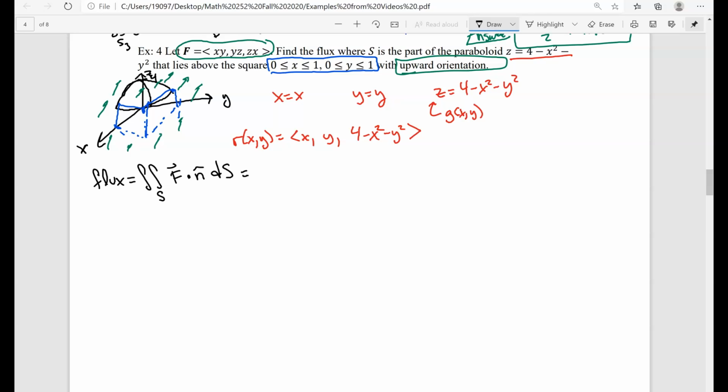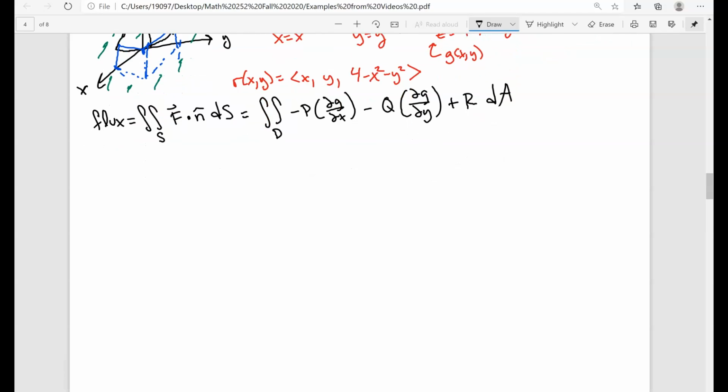Luckily, whenever we have a basic parametrization like this, all we have to do is take the double integral over the region D of negative P times partial g over partial x, minus Q times partial g over partial y, plus R, dA. Remember that this is with positive orientation. You can only use this formula if your parametrization is nice, just like this one. It's not like a sphere or a cylinder, because then we have to go back to the cross product. This would be the formula.